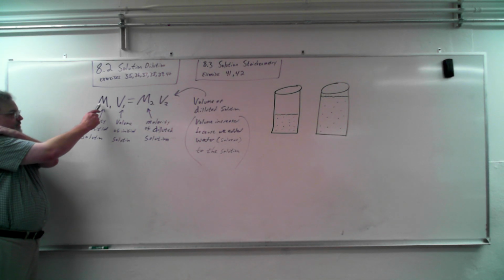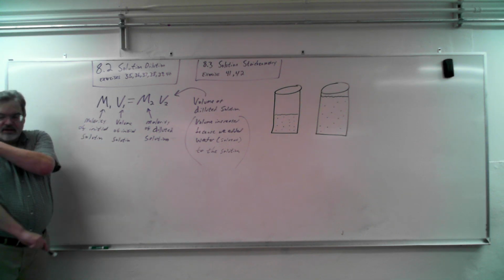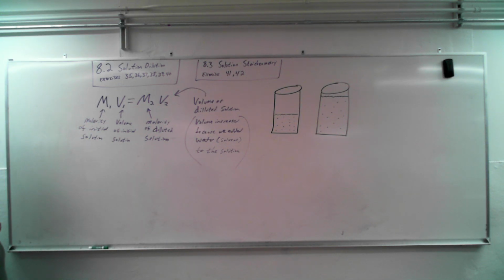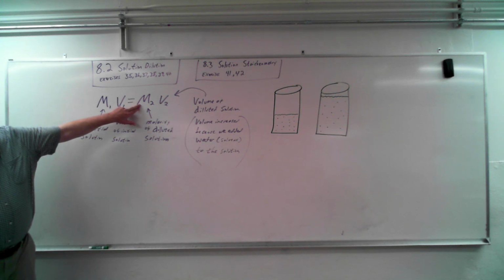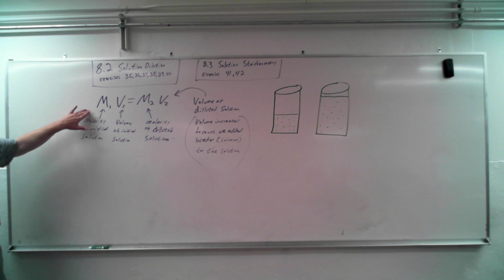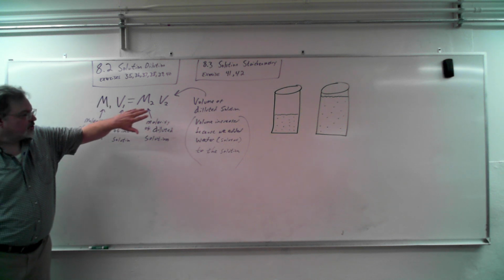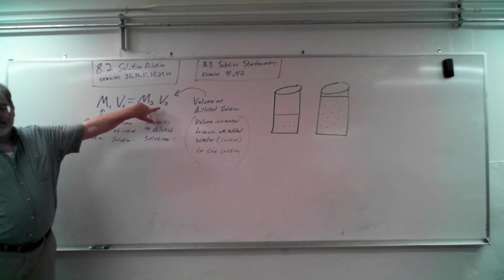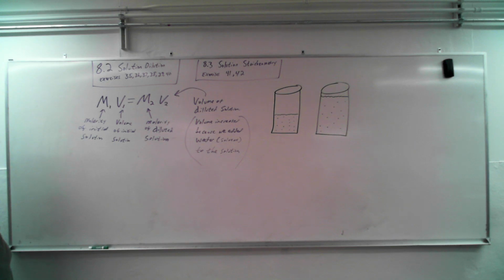Typically, the initial solution is like a stock solution that someone mixes up, and it's kind of concentrated. And then whatever lab you're doing, you need a certain concentration, and you need a certain amount of milliliters to do what you want to do with it. So you go get your stock solution, you dilute it appropriately, and then you create the solution you want. That's typically a lot of labs, analytical labs.